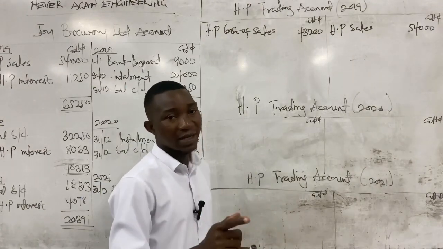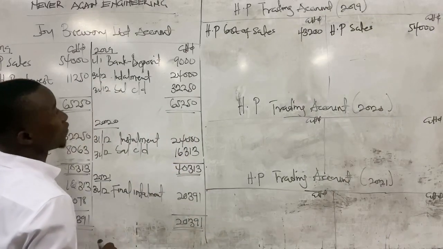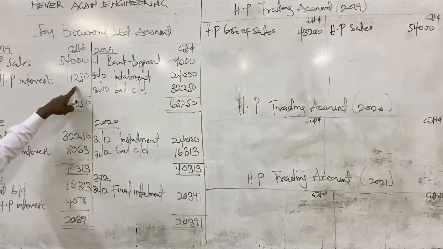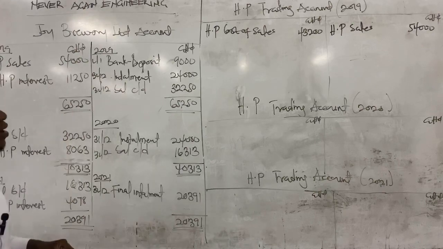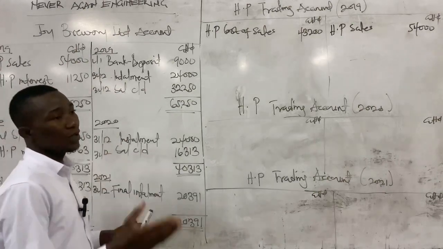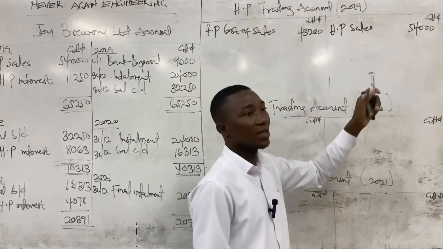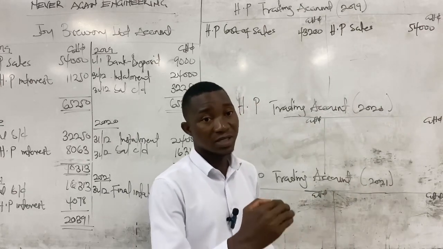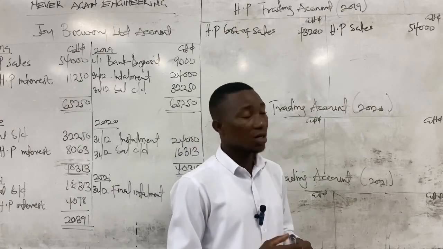But also remember that there is an interest at the end of 2019. There is an interest received from Joe Limited, and that is an income to Never Again. So we know that interest received is part of other income that is supposed to be added to the gross profit when we are preparing the income statement, that is the trading account area.